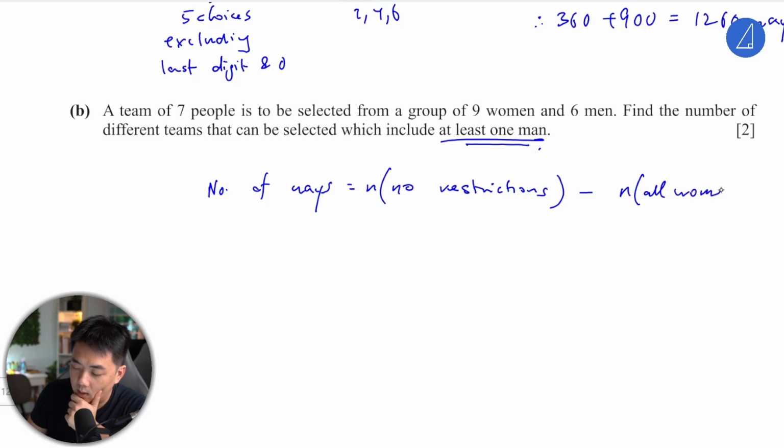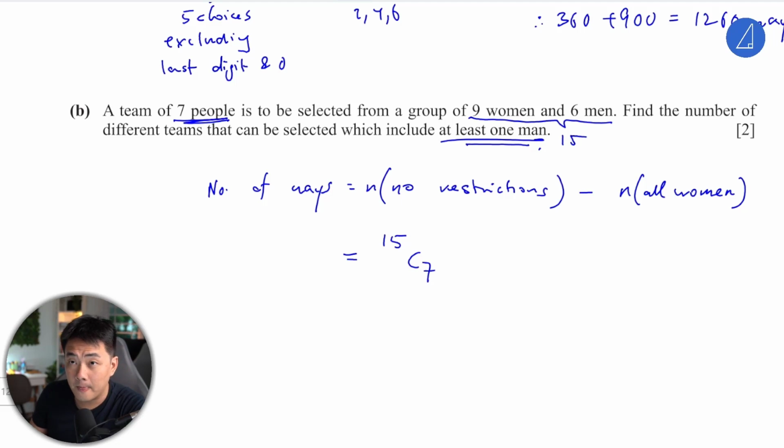I do not want an all-women team, because I do not want the case where the whole team is women. Without restriction, there are 7 people selected, and 9 plus 6, there are in total 15 people. So the number of ways without restriction will be 15 choose 7. The no-man team will be just from the 9 women, we just choose 7.